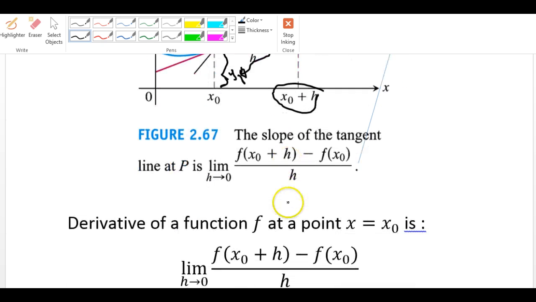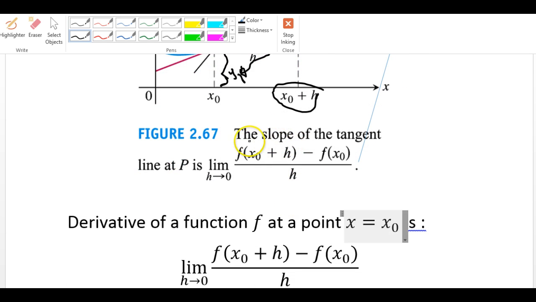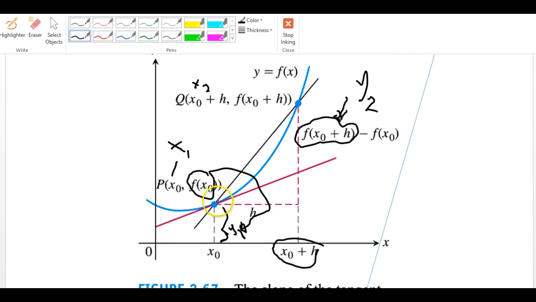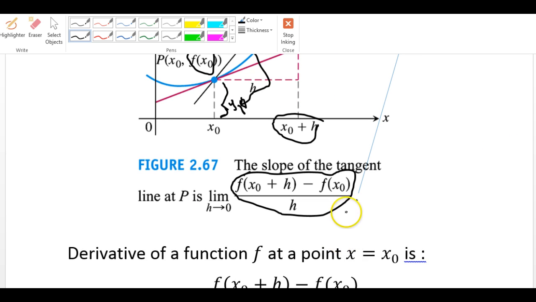So finally we have this right here to be the slope of the secant line PQ.